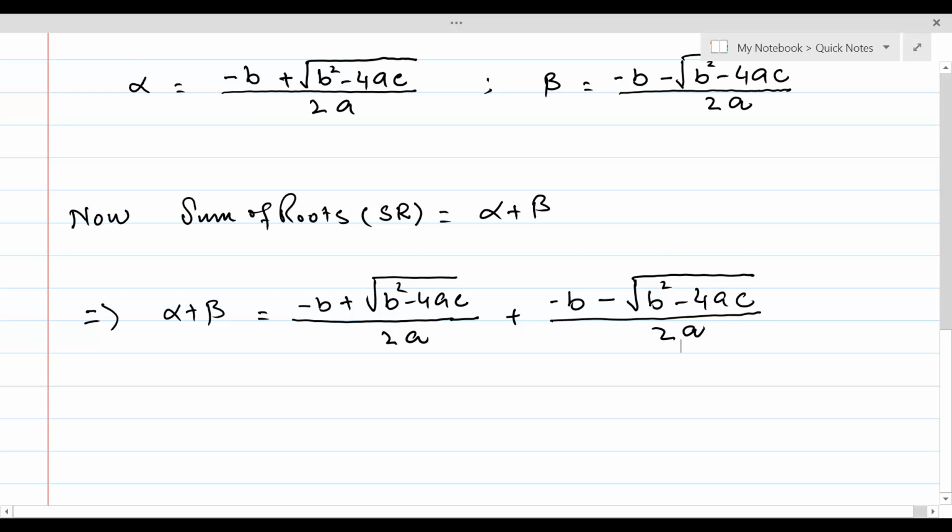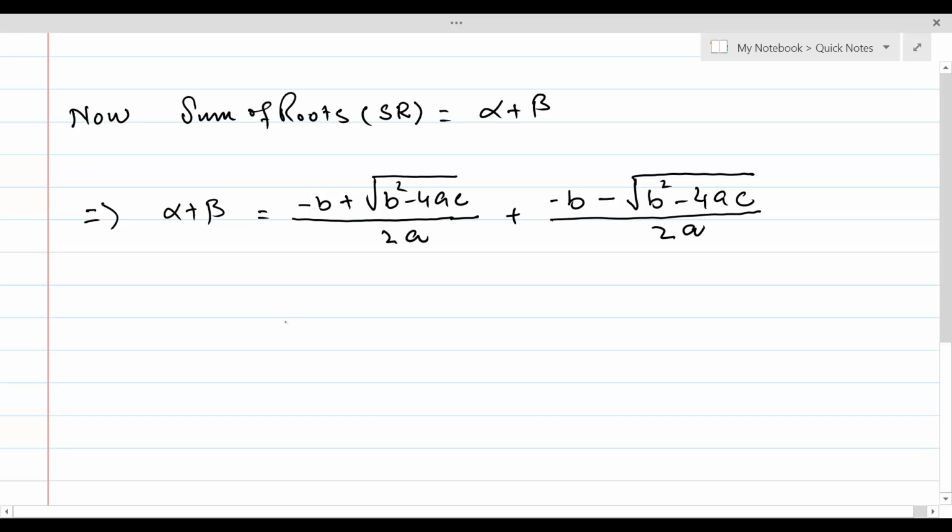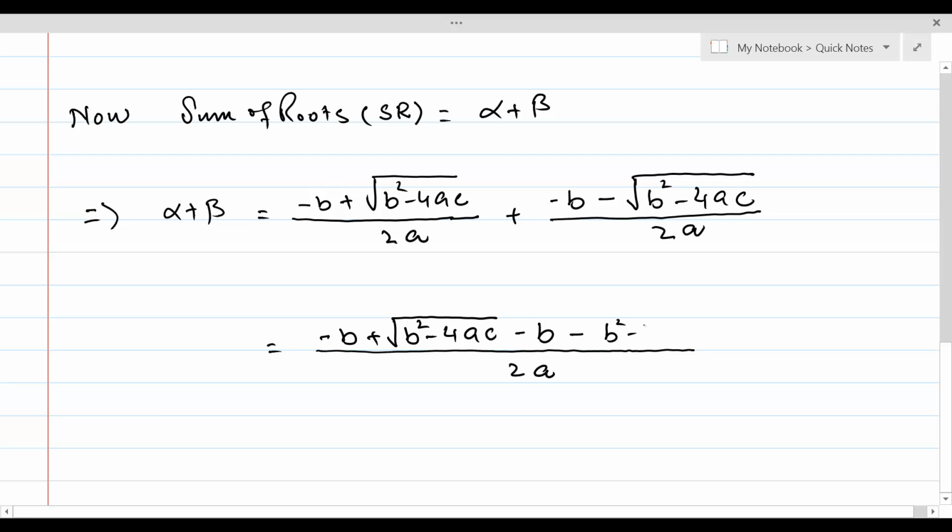Because the denominator is the same, we will have the denominator 2a, and in the numerator minus b plus square root of b square minus 4ac minus b minus square root of b square minus 4ac.